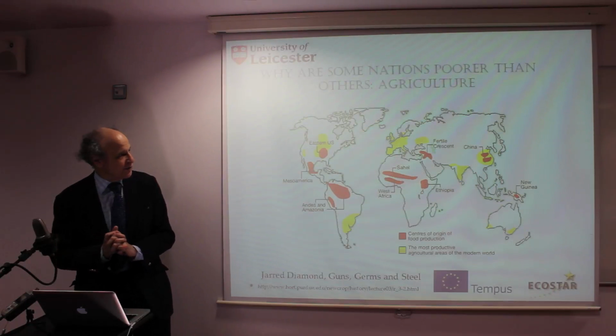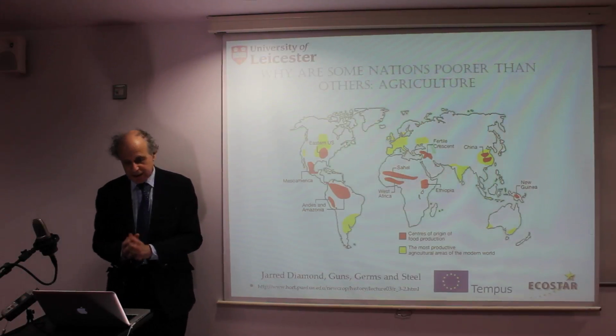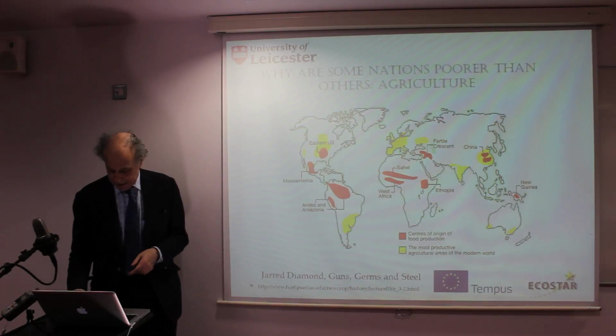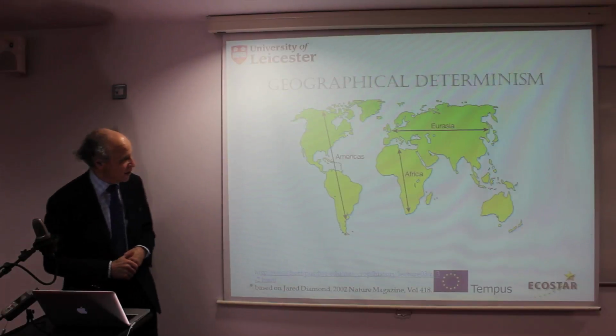The spreading of agriculture was much easier on an east-west axis than on a north-south axis, as the next slide shows, because climates tend to be similar on an east-west axis and very different on a north-south axis. And so the sort of crops that you can grow, the sort of livestock you can domesticate, are very different as you go from the south of Africa to the north of Africa, whereas they're very similar as you go from the east of Europe to the west of Europe.